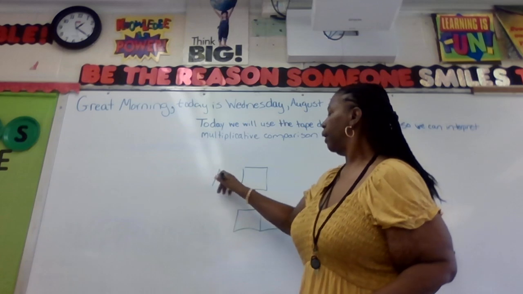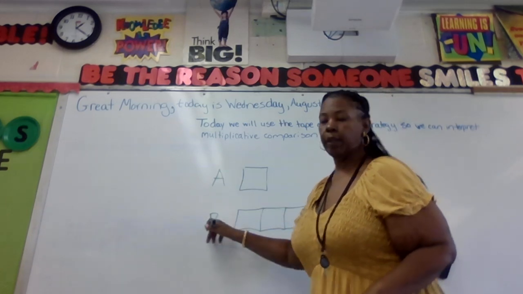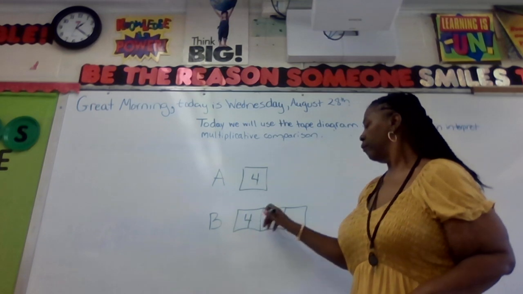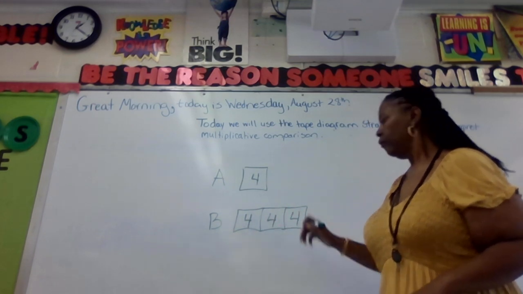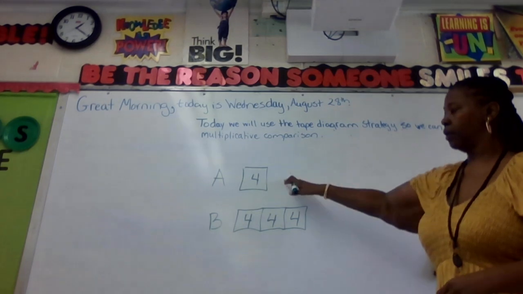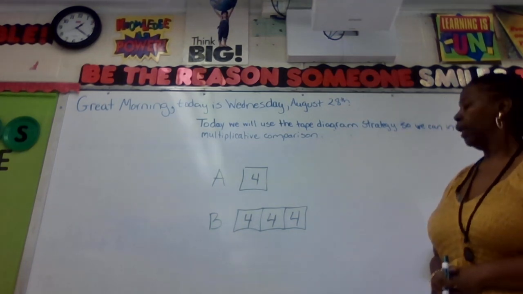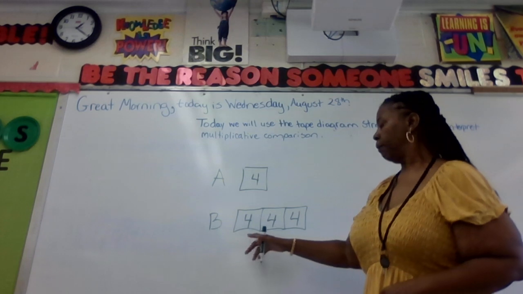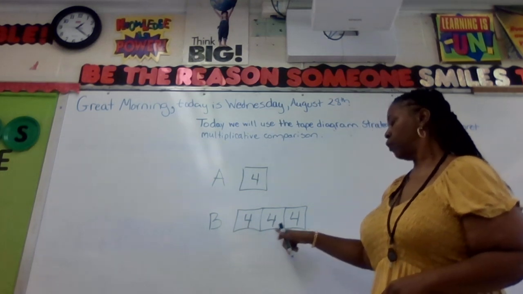This is figure A. This is figure B. Okay. So now we're going to write our equation for what we have. We know the total for A is 4, and we need to find out what is the total for B. How many boxes do we have? 1, 2, 3.